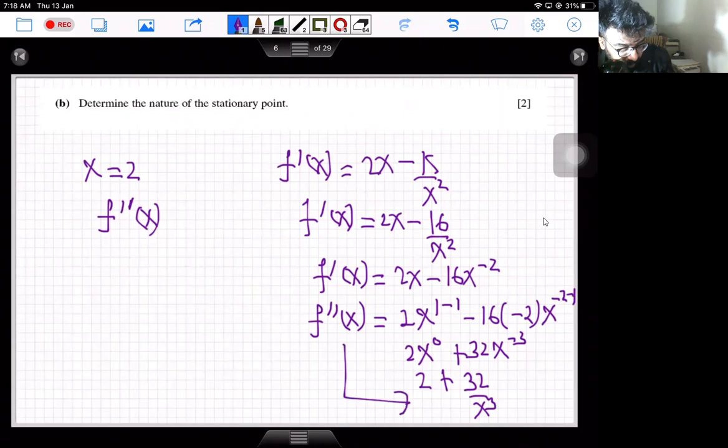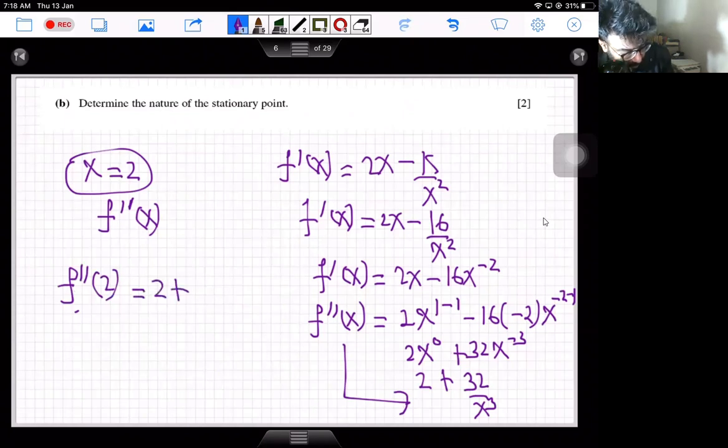So what we need to do is substitute the value x equals 2 into this second order derivative. So just find the value of f''(2). In the f''(x) function, just put x equals 2. So 2 plus 32 over 2 cubed. So 2 plus 32 over 8. This means that 2 plus 4, which is equal to 6.